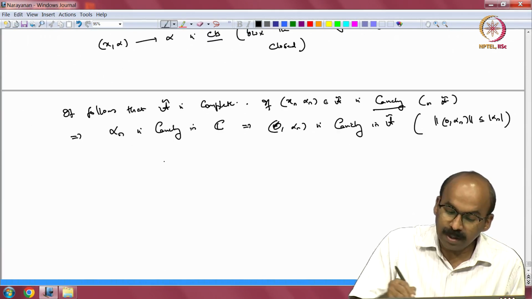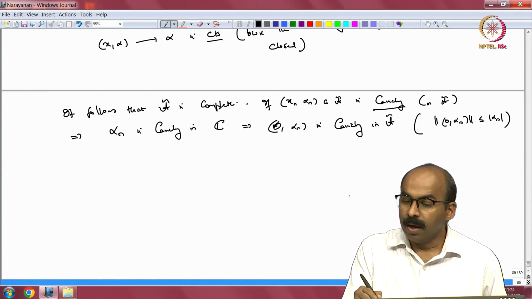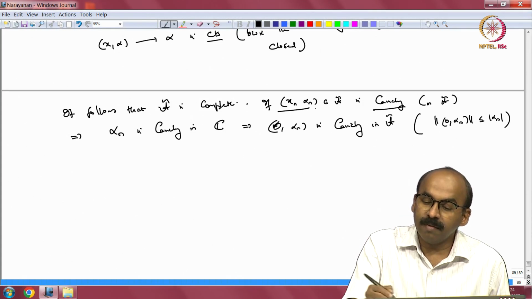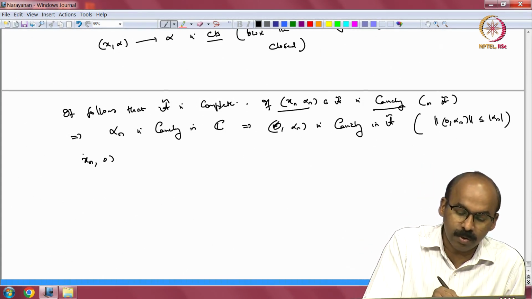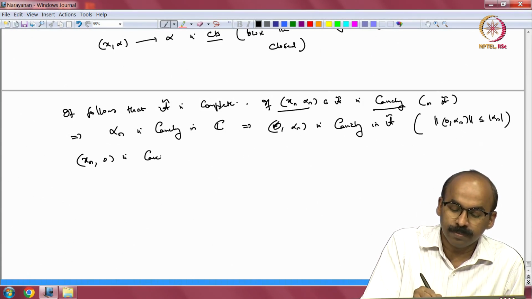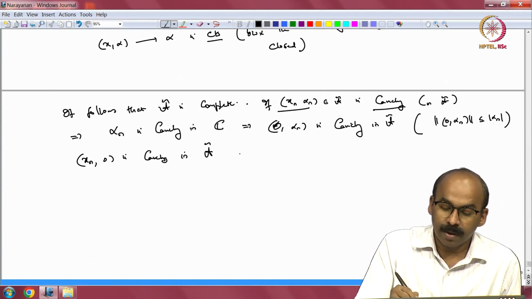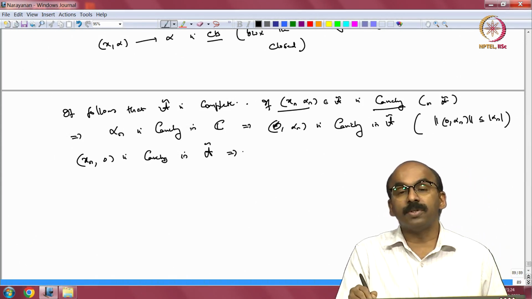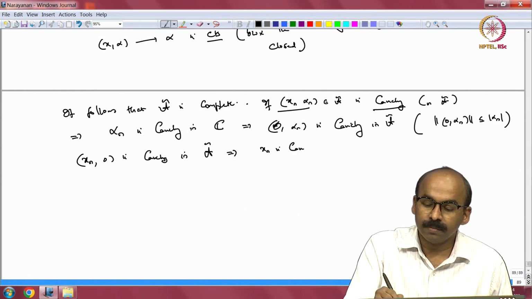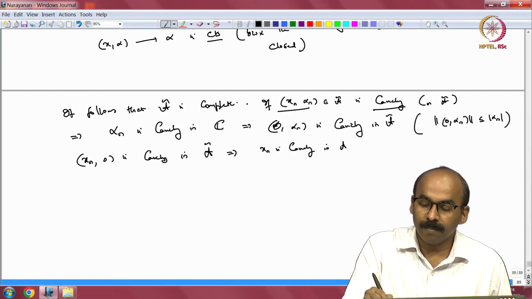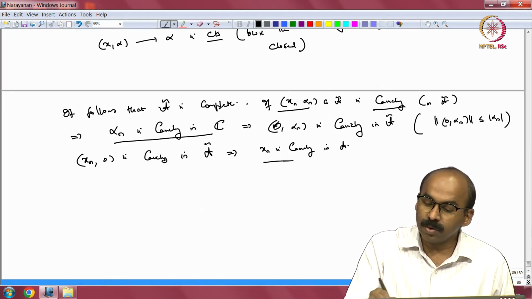So, once alpha_n is Cauchy in C and (0, alpha_n) is Cauchy in A tilde, from (x_n, alpha_n) I can subtract (0, alpha_n), and I get that (x_n, 0) is Cauchy in A tilde. Well, the norms on A tilde and A are the same. So, x_n is Cauchy in A.